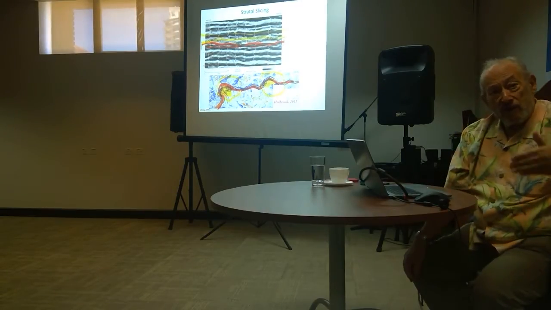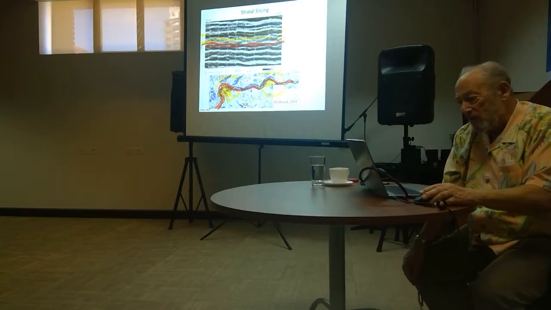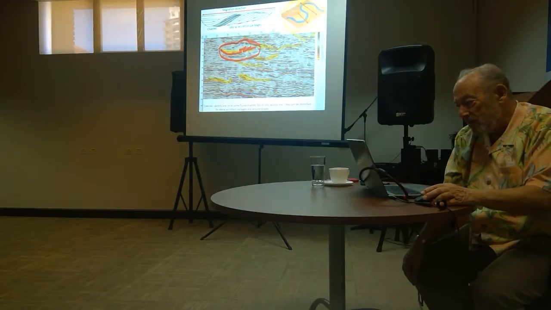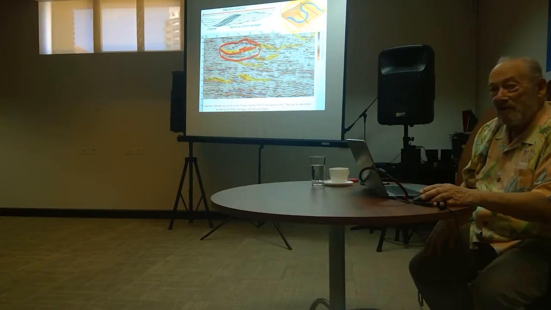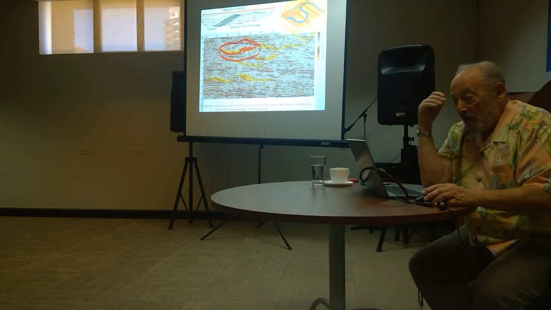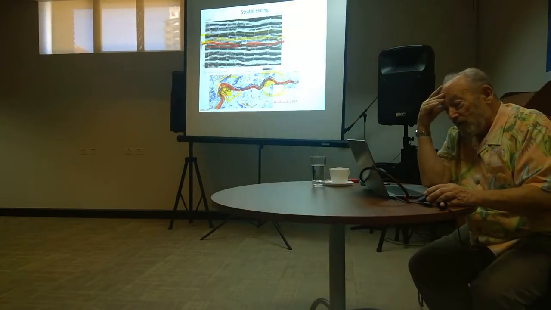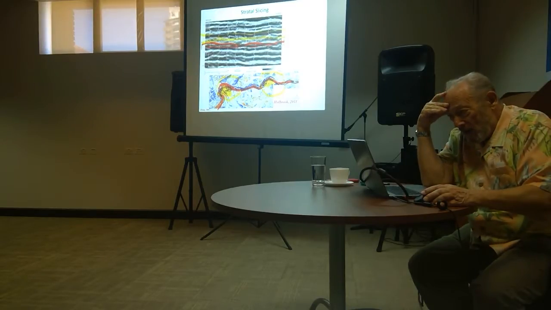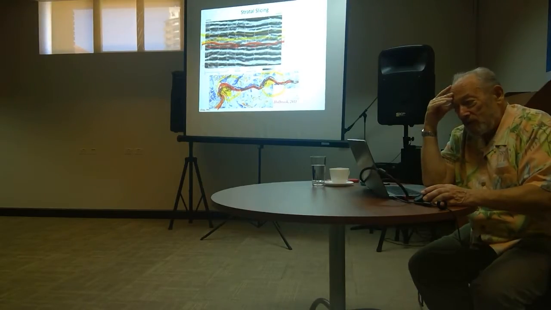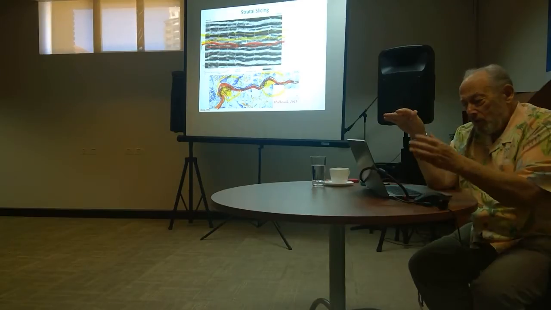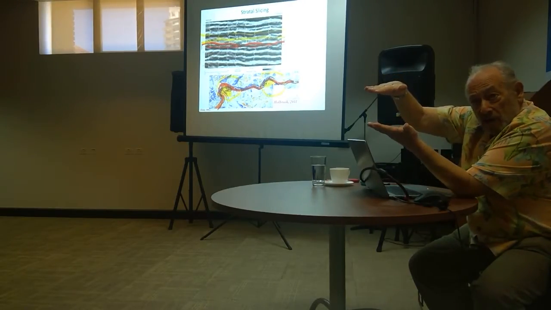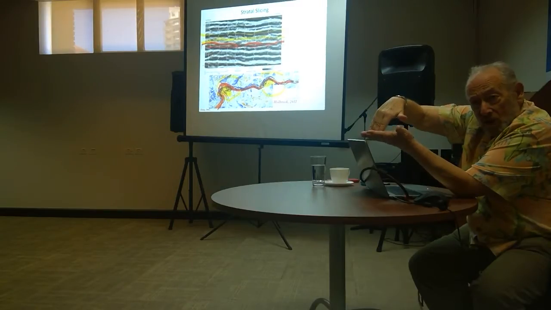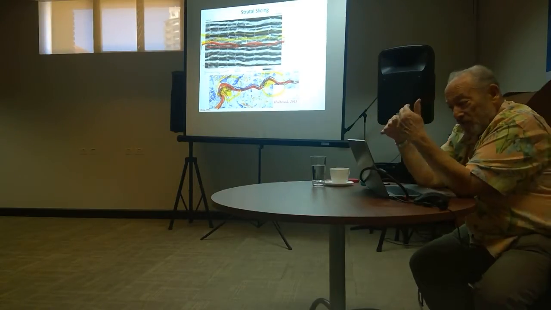Now, in the vertical, unless you have something like this, where it's easy to see the point bars, it's going to be difficult in a situation kind of like this, where they aren't as pronounced, they aren't as thick, for example, so they don't resolve seismically in the vertical dimension.